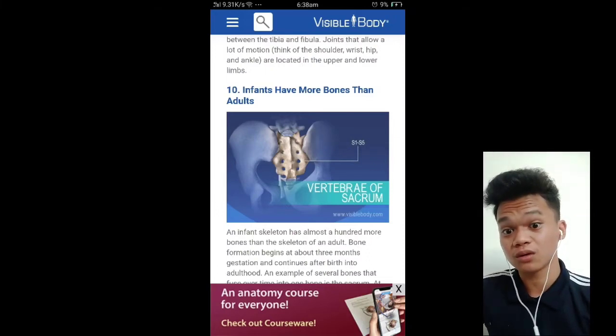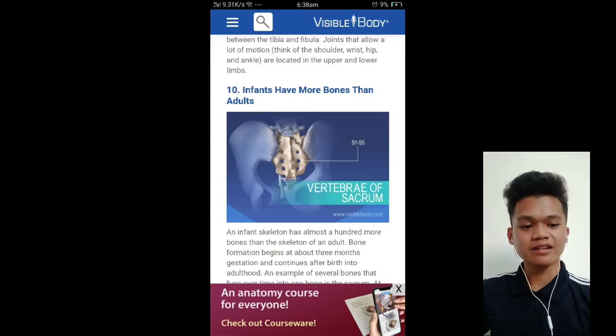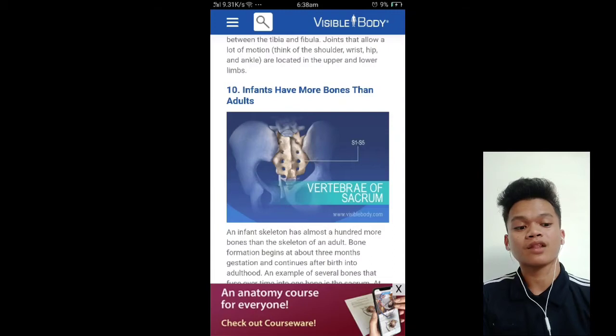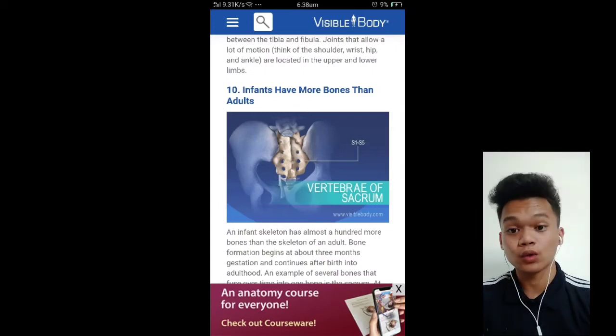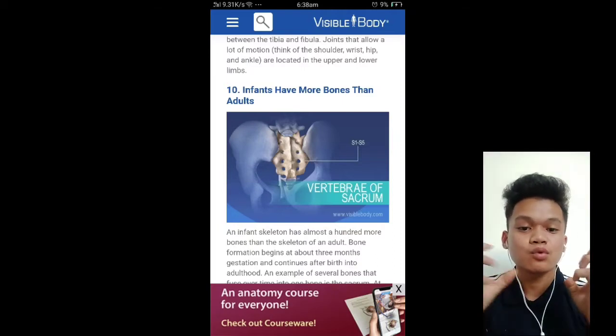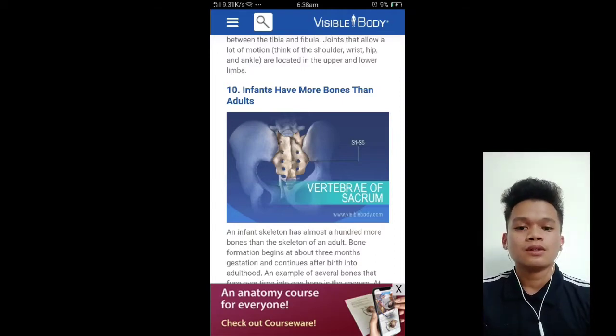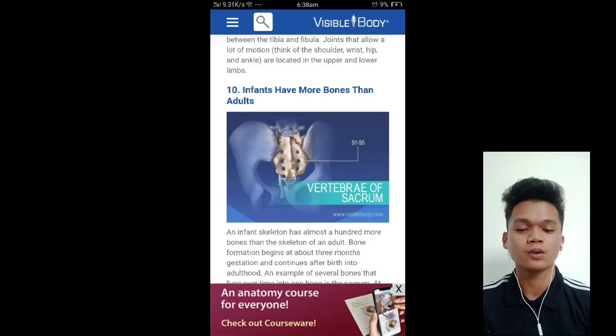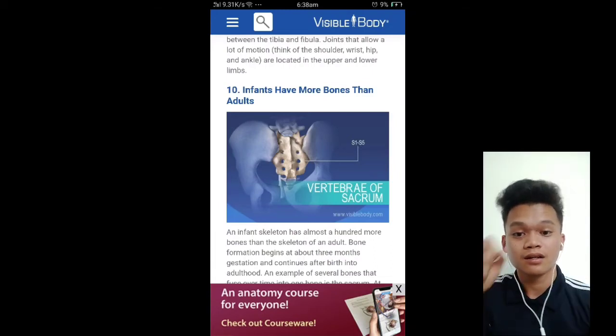Bone formation begins at about 3 months gestation and continues after birth into adulthood. The number of bones decreases as they develop.